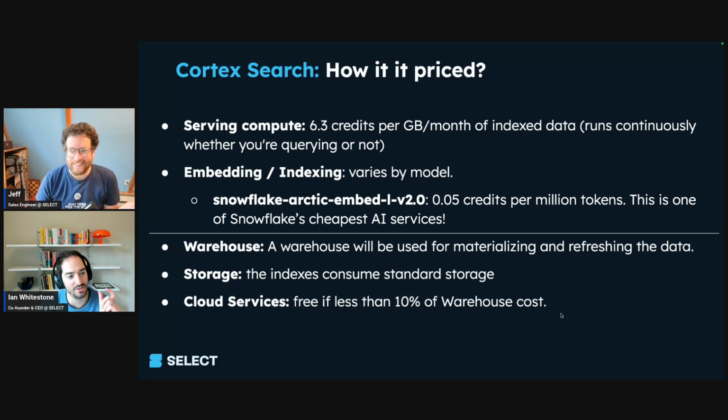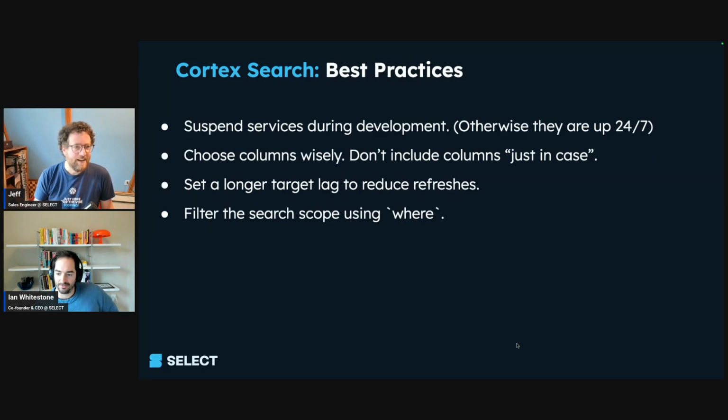And is that a fixed cost throughout the month? You're just paying for the static cost of that indexed data while the service is on, because you can suspend the service. So it doesn't fluctuate based on the number of times it's being called. Correct. The only thing that would fluctuate there would be the warehouse compute that is responsible for actually executing that. So you're just paying for that stored data set. Yep. Okay, cool. Thank you for clarifying.